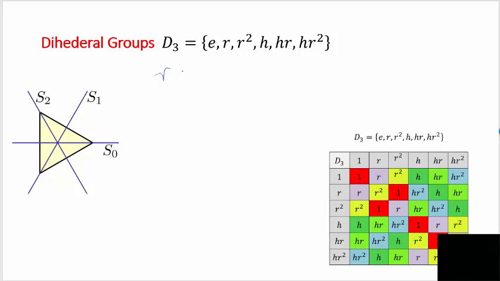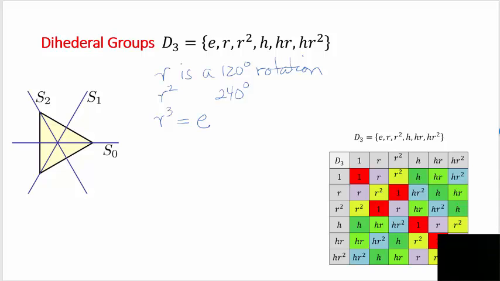Right, R is a 120 degree rotation. And so R squared is R followed by R, and that would be 240 degrees. And then R cubed would be followed by another 120, would be 360 degrees.